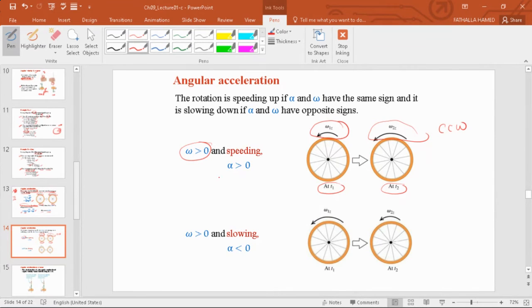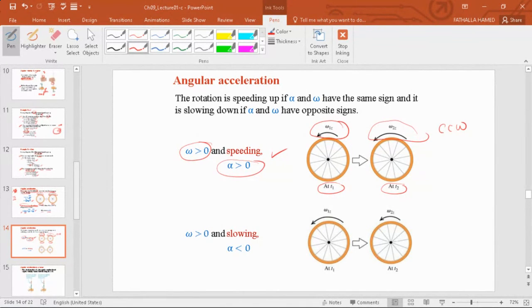Now, if you want to get your alpha, which is delta omega by delta t, since omega 2 is greater than omega 1, you know that you're going to get a positive value as well. So the alpha here is greater than 0. And since omega 2 is greater than omega 1, you know that you're increasing your angular velocity. If you take the magnitude, that means it's the angular speed. Since both of them are in the same direction, in this case you are speeding up.